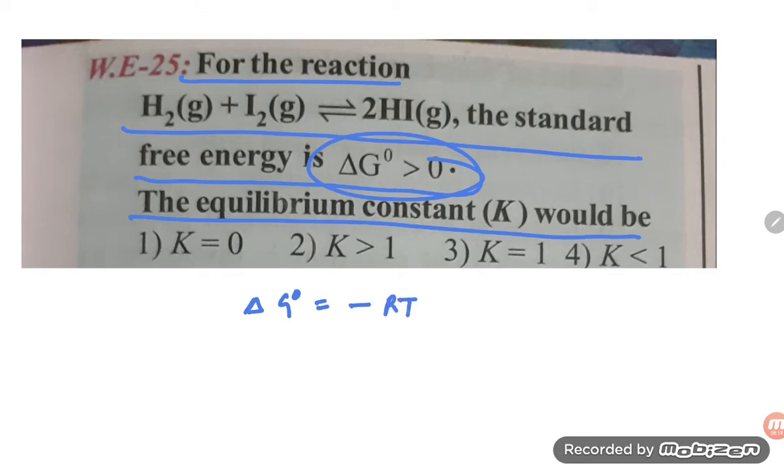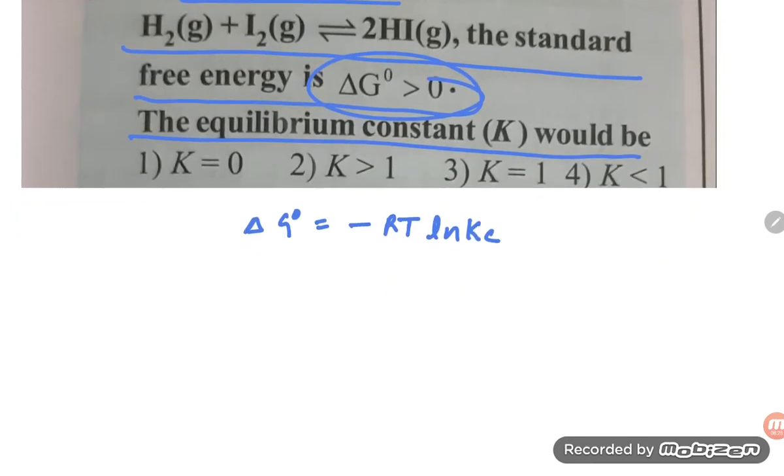Minus RT ln Kc, this is the equilibrium. Now student, delta G not greater than 0 means delta G is positive.